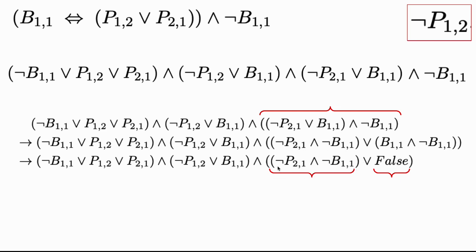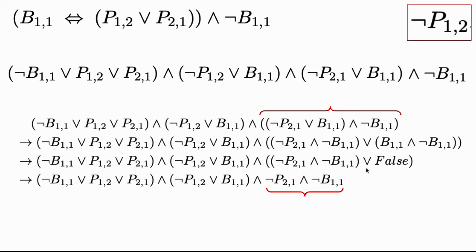So when you have a clause which is OR with a false, then the false one just goes away, and what remains is just that statement itself. So now what I have is this whole thing and not of P21 and not of B11. Comparing with the original one, just this B11 is now gone, and these two remain as they are.